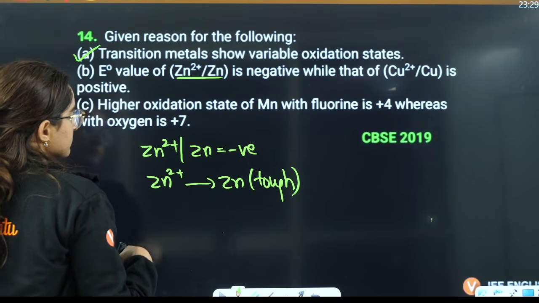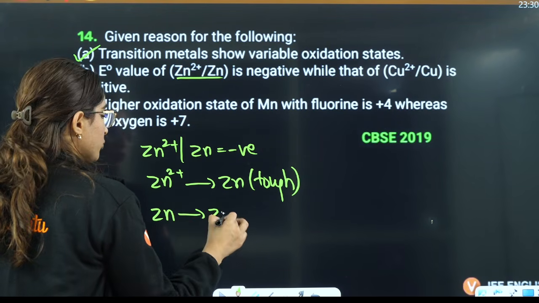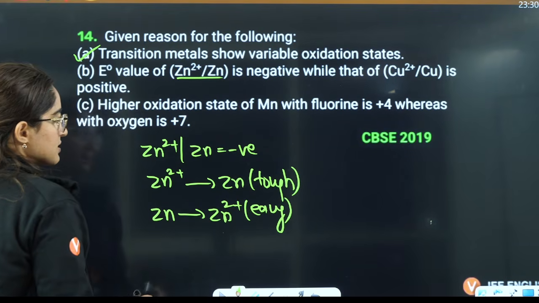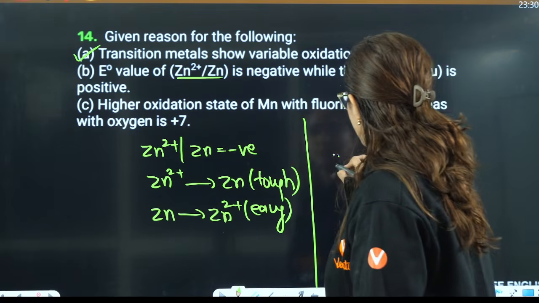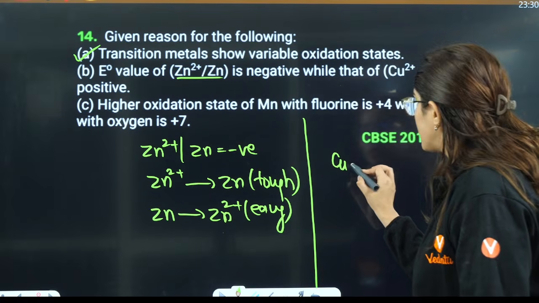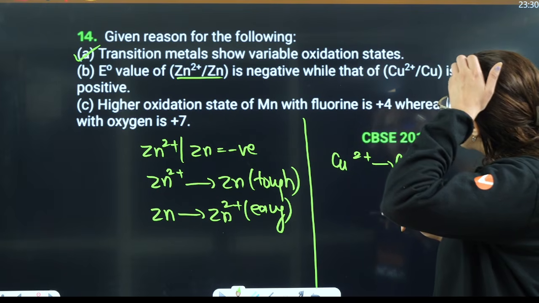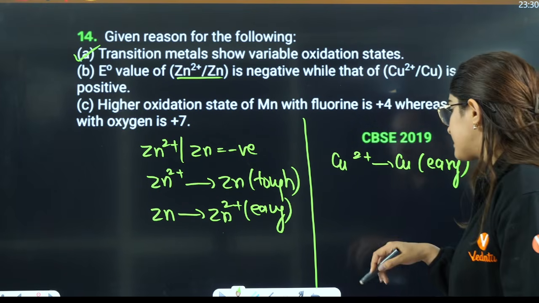That means Zn2+ is easy. Here you have copper. Cu2+ to Cu is positive, that means this is easy. Positive means easy.